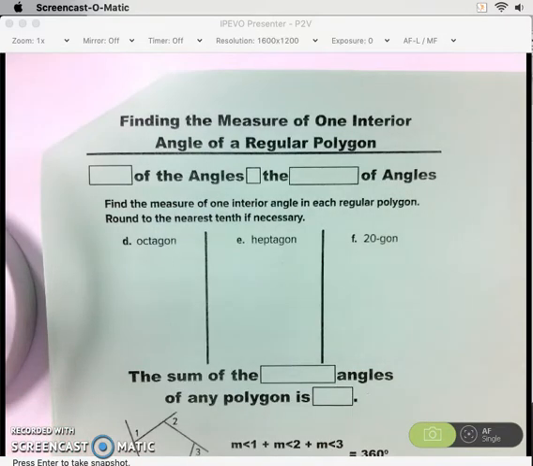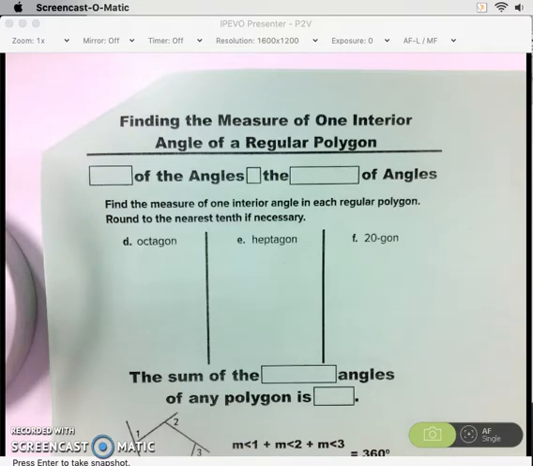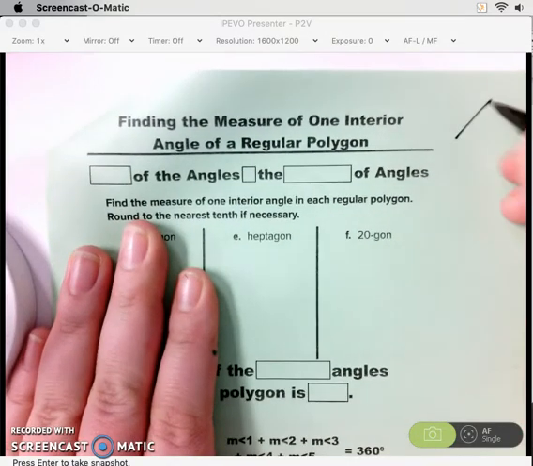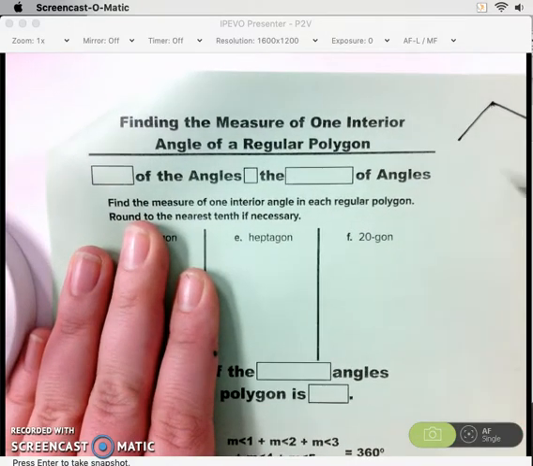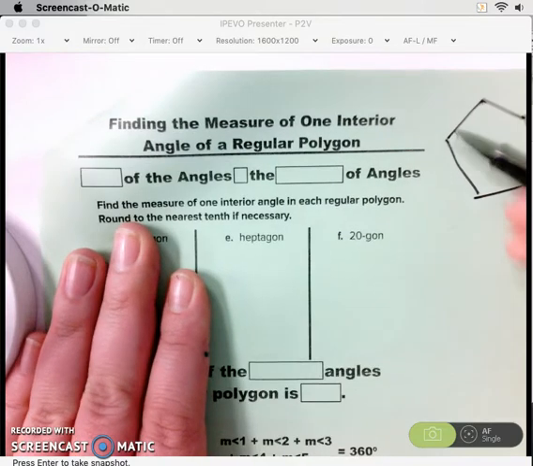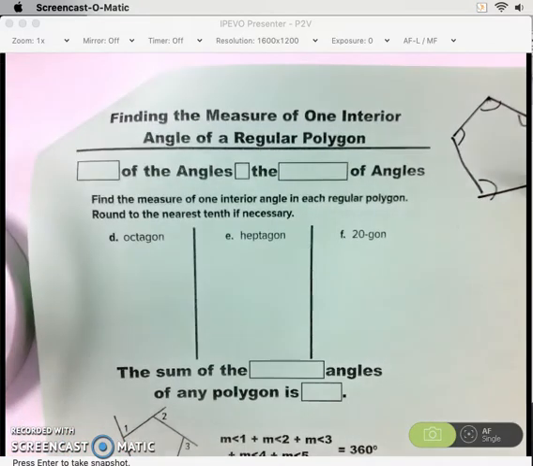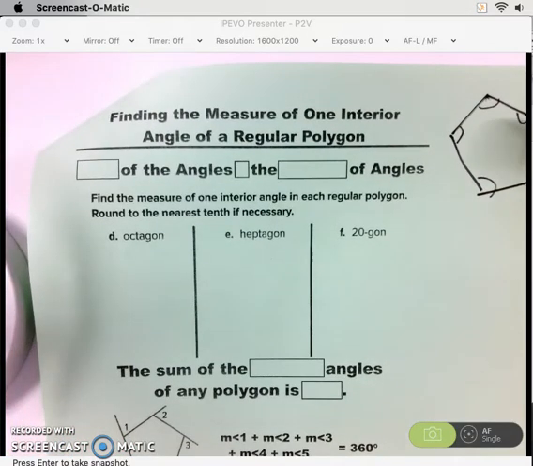A regular polygon means that it has the same size sides and the same size angles. So if I have a regular pentagon, this is a terrible pentagon, but these angles are all going to be equal. If I have a pentagon, how many total are there inside here?